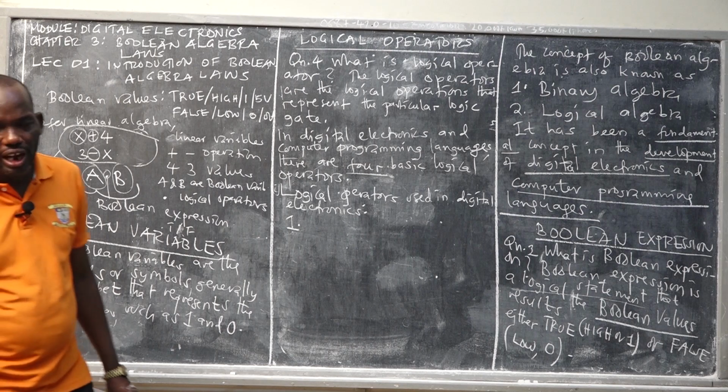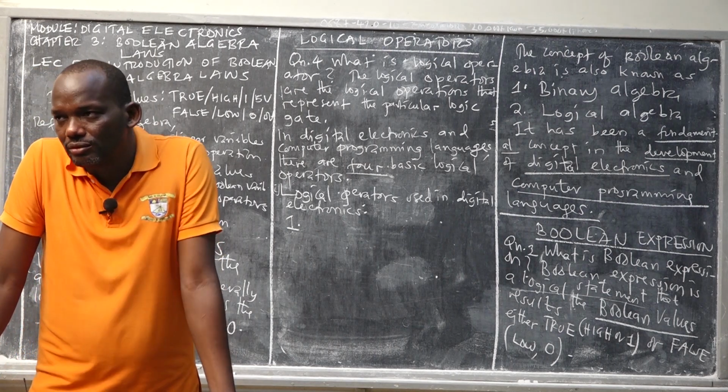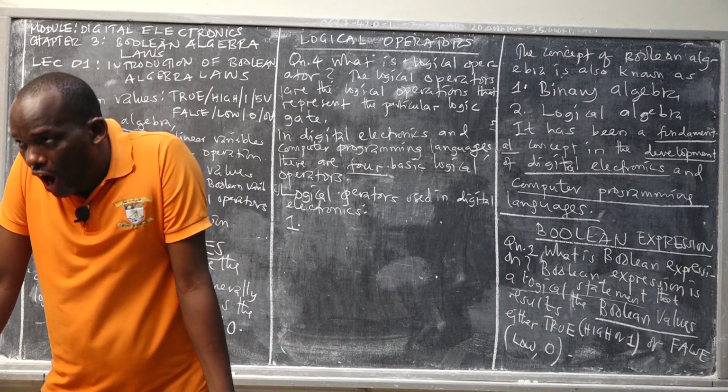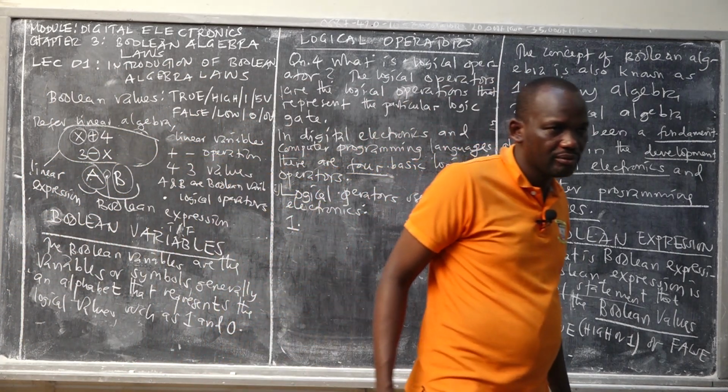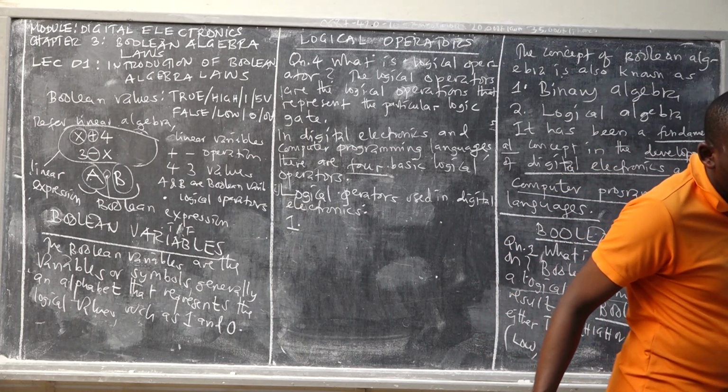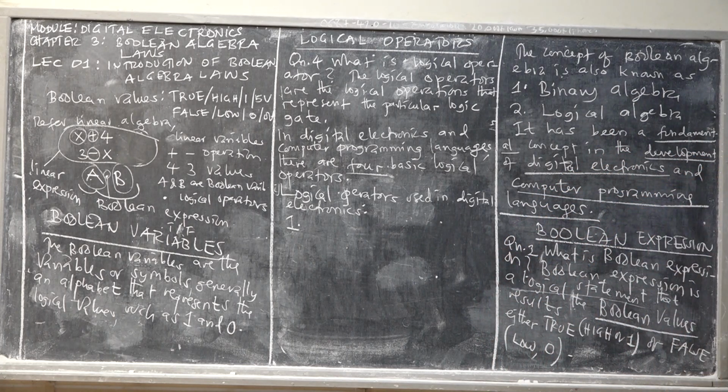How many gates do we have? 7 logic gates. How many basic logic gates do we have? 3. Mention them. AND gate, NOT gate, and the OR gate. How many universal gates do you have? Mention them. NAND gate and NOR gate.